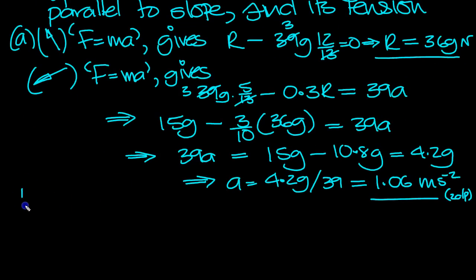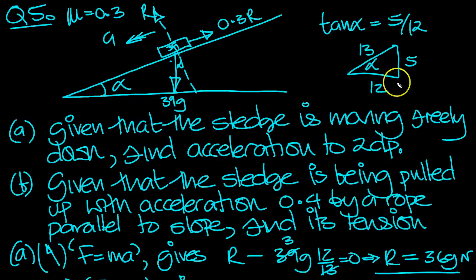Now let's have a look at part B. We'll use the same diagram, but we'll put the forces in a different colour. So now it's being pulled up the slope with a tension in a rope parallel to the line of greatest slope, isn't it? So there's the tension in the rope.